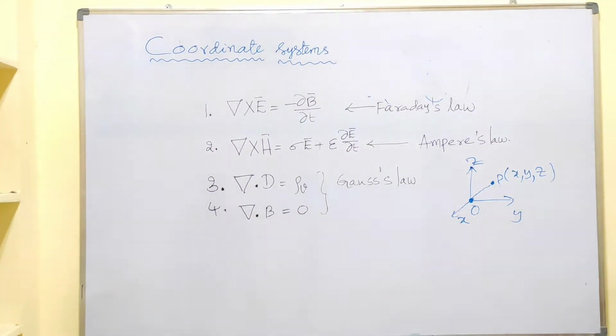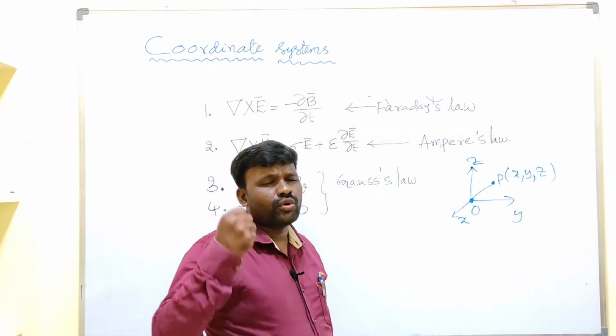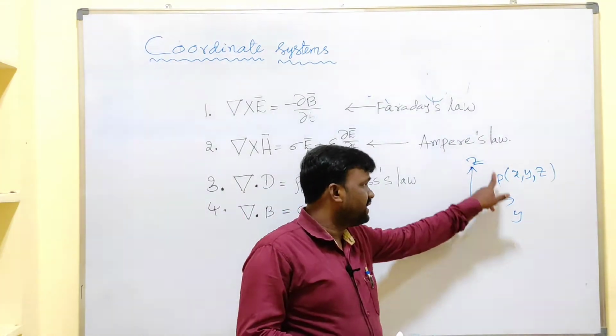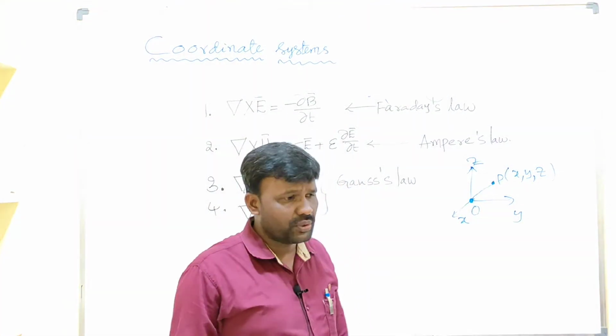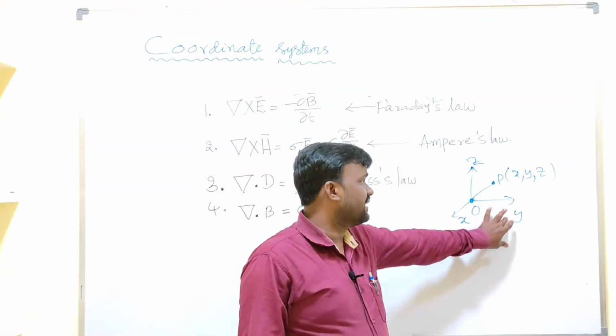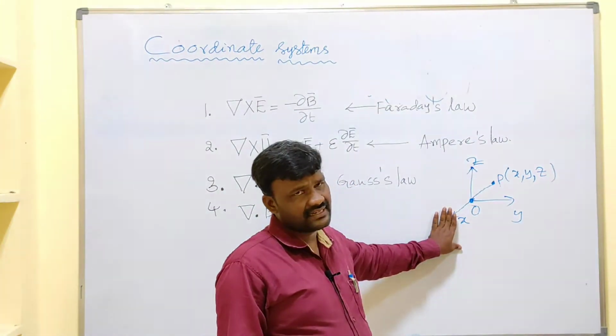Once again I am repeating, what is an orthogonal system? In an orthogonal coordinate system, coordinate axes x, y, z are mutually perpendicular to each other. That means the angle between x and y is 90 degrees, the angle between y and z is 90 degrees, and the angle between z and x is 90 degrees.